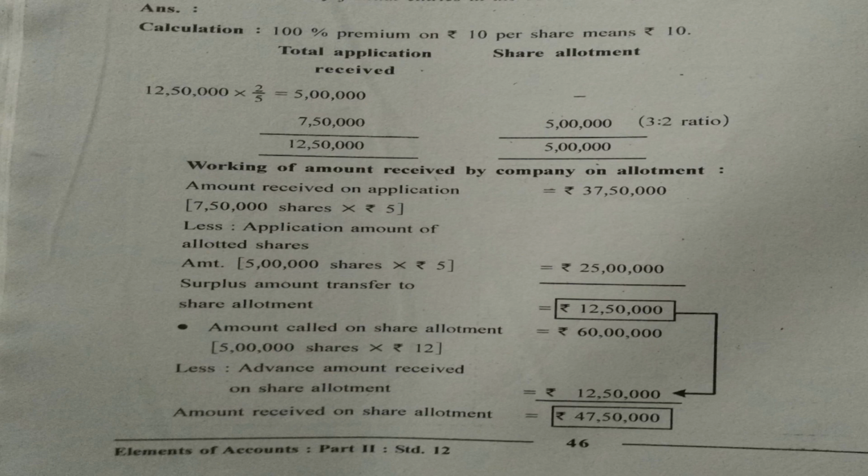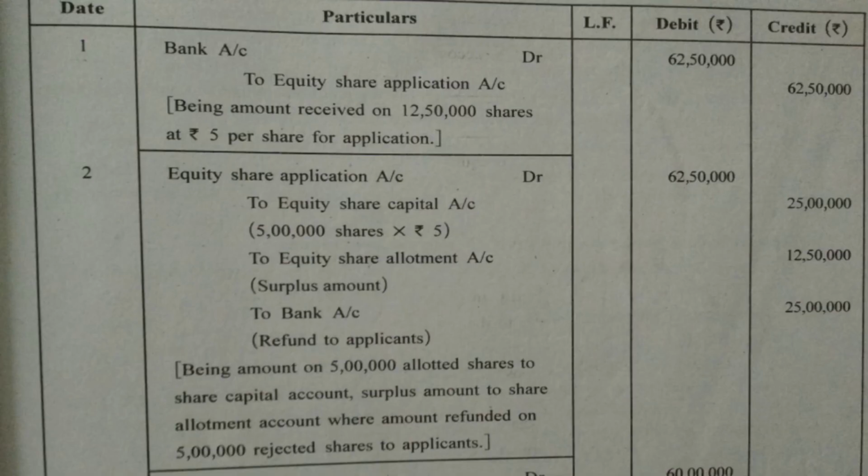The company was supposed to reject all the remaining excess applications, but instead the company has made pro rata allotment of 2 lakh 50,000 shares. So 2 lakh 50,000 shares into 5 is to be transferred to share allotment, which gives you 12 lakh 50,000. The remaining 5 lakh has been rejected. And obviously, the main 5 lakh shares issued has been transferred to equity share capital account.